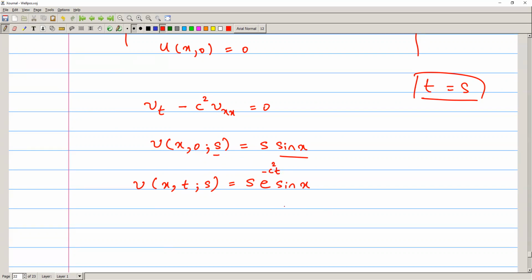Because we know that from the solution of the heat equation we always get the solution in this form: e to the power negative n squared c squared pi squared t divided by l squared, with sine n pi x over l.